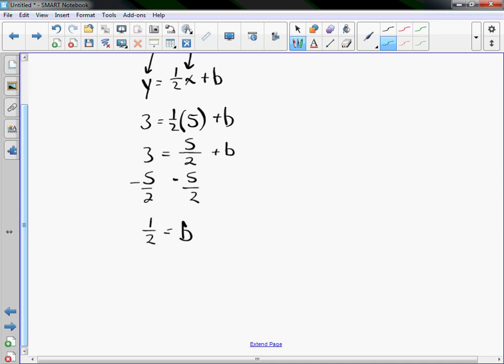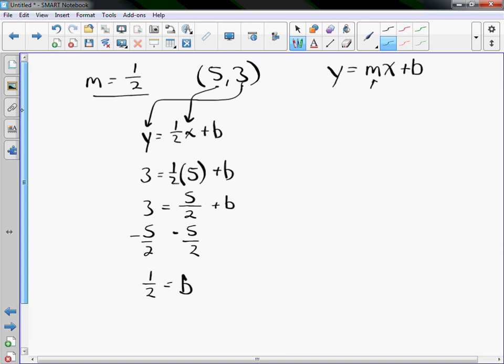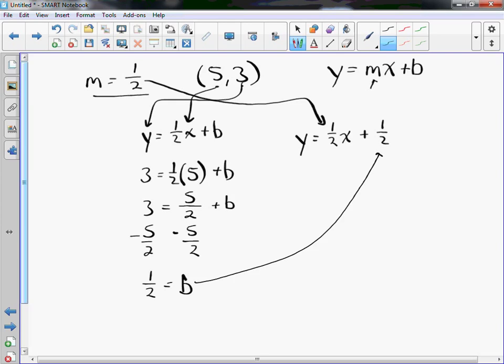So b is 1/2. So I can go back up now, and I can say that y equals, the slope is 1/2, this 1/2 comes from there, plus 1/2, because this 1/2 comes from there.